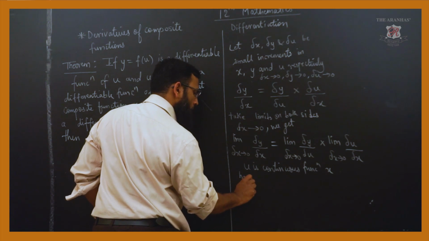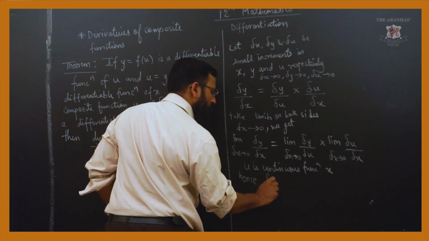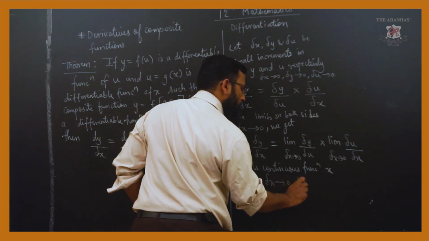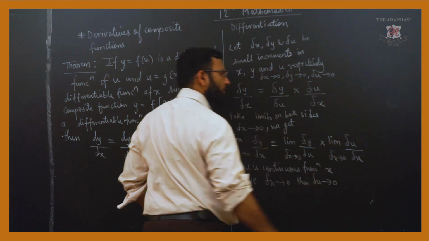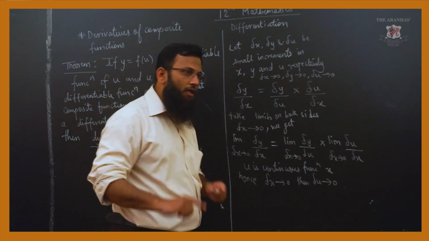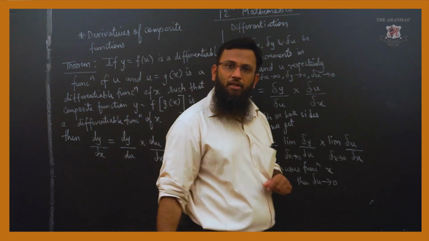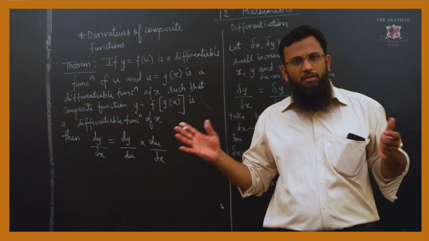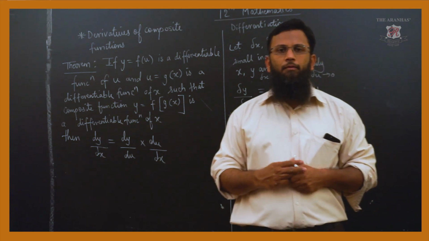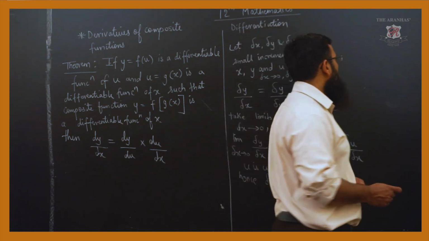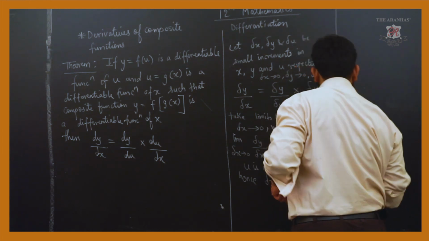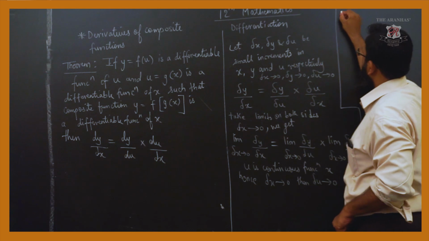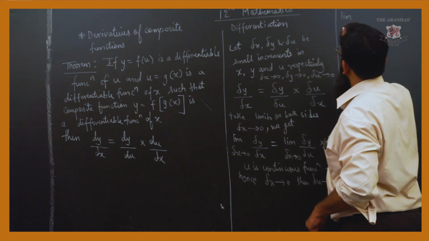Hence, if delta x tends to 0, then delta u also tends to 0. So what I can do over here is, instead of delta x tends to 0, it's a continuous function. In class 11, if you have studied continuity, then you might have come across continuous and differentiable functions.